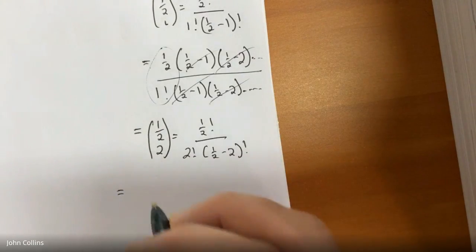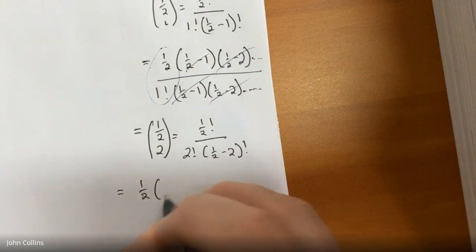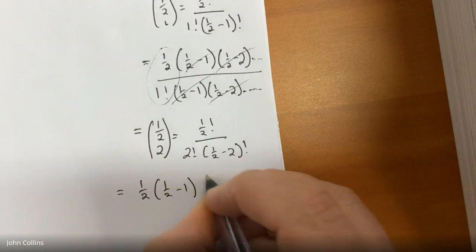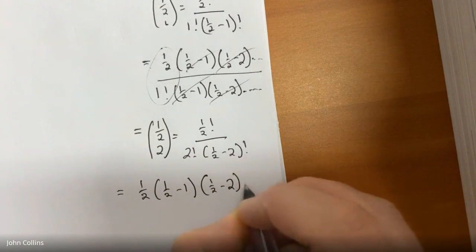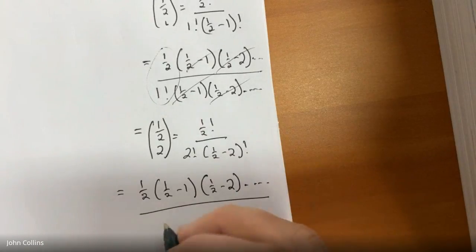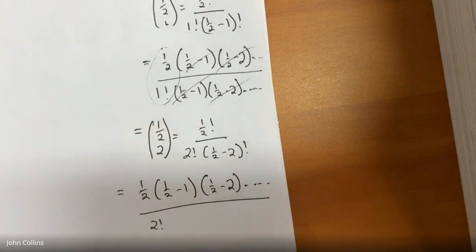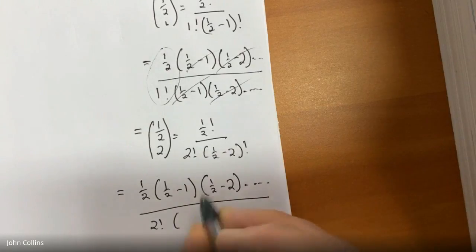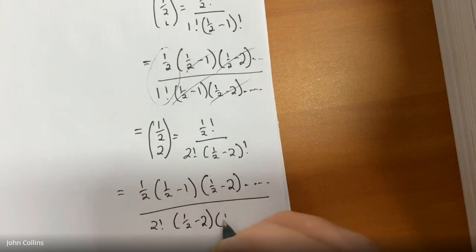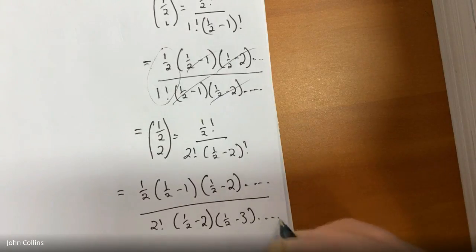Now let's expand that. A half factorial is a half, take away 1, half take away 2, yada yada yada, all over 2 factorial, we don't need to expand that. And then we've got half minus 2 factorial, which is a half minus 2 times a half minus 3, forever.